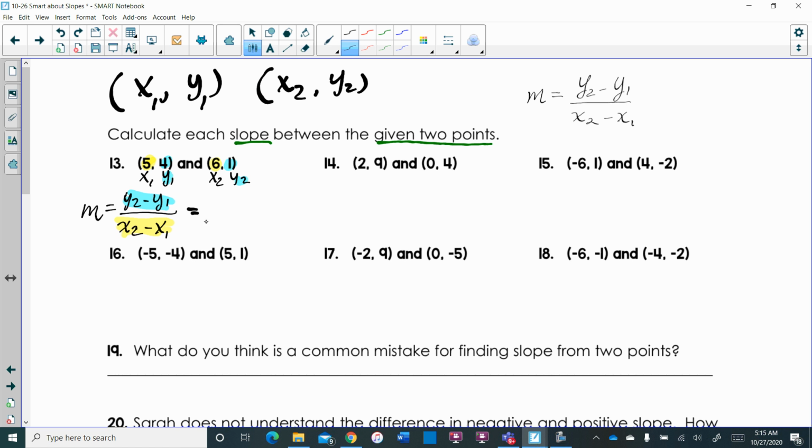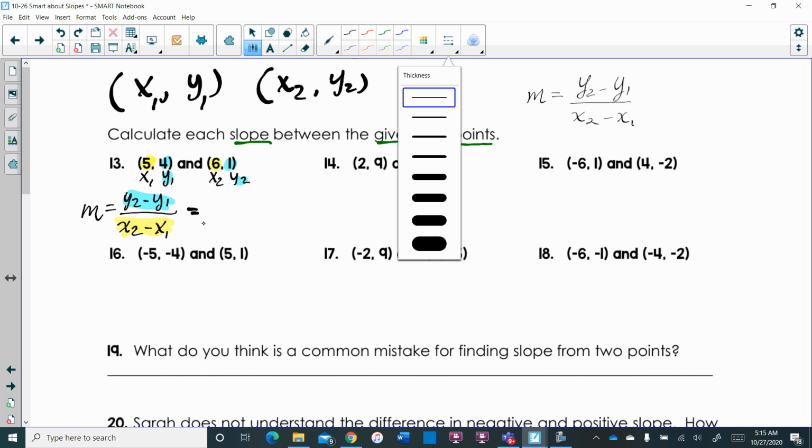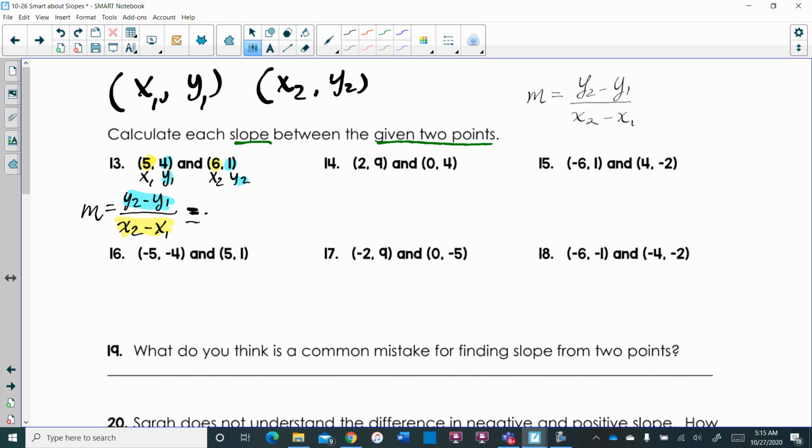So now we're just going to go straight to the substitution here. Sorry about that equal sign. Let's make that a little bit better. So when I go into my substitution, on the top would be 1 minus 4. And then on the bottom would be 6 minus 5.